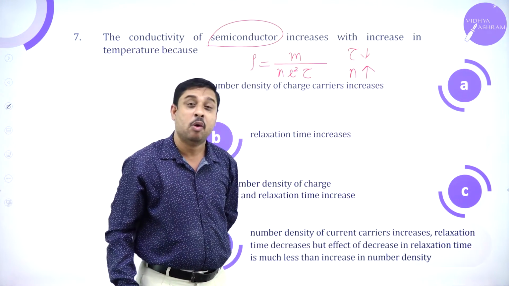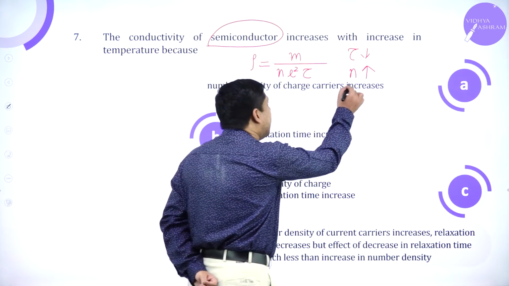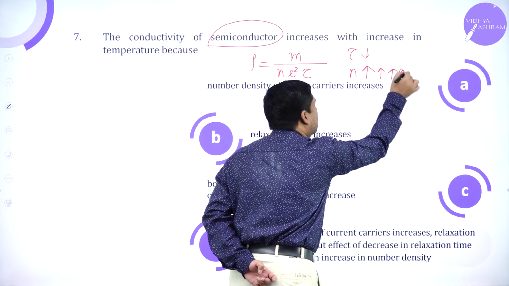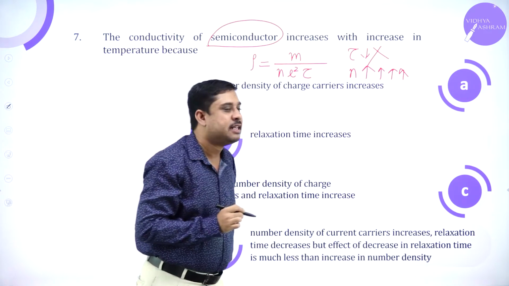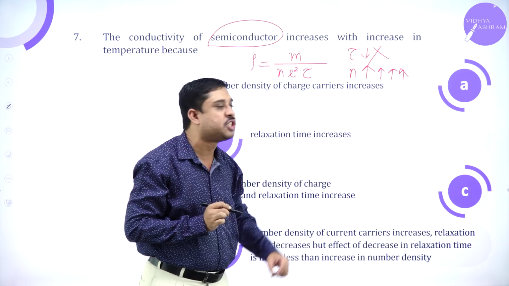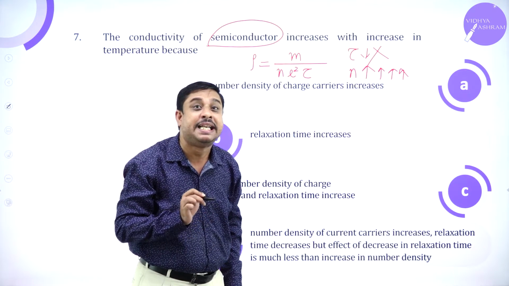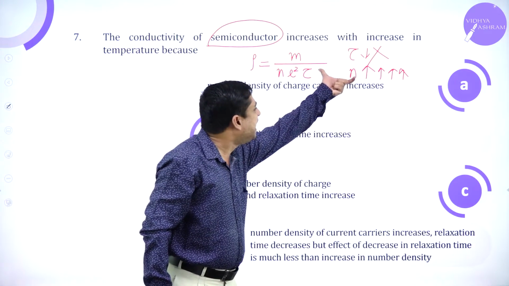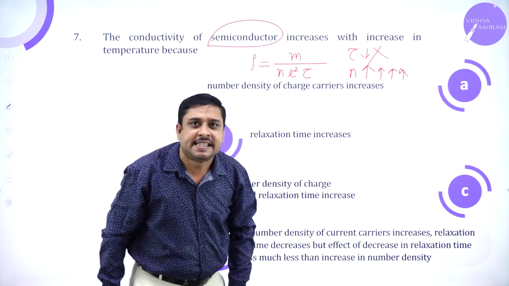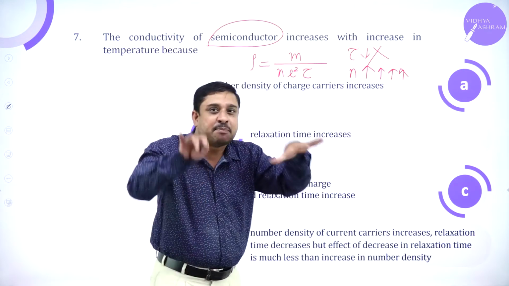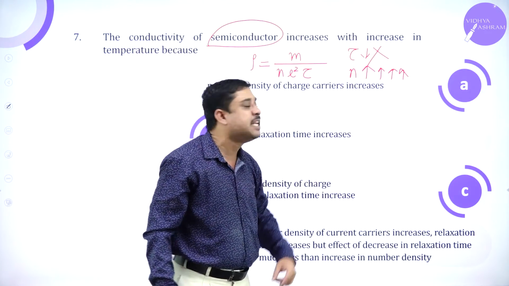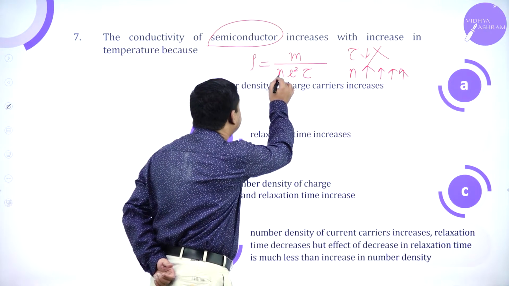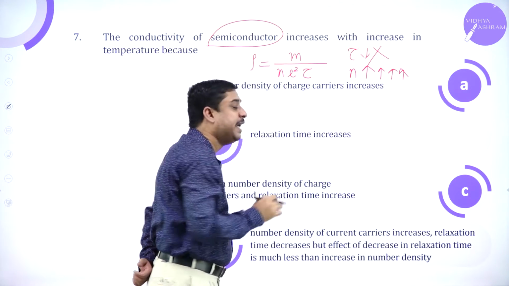No. What happens is, the increase in charge density will be so high that the effect of relaxation time will completely take off. There will be a drastic increase in N, which will offset the decrease of relaxation time. So, since N has increased, resistivity decreases.